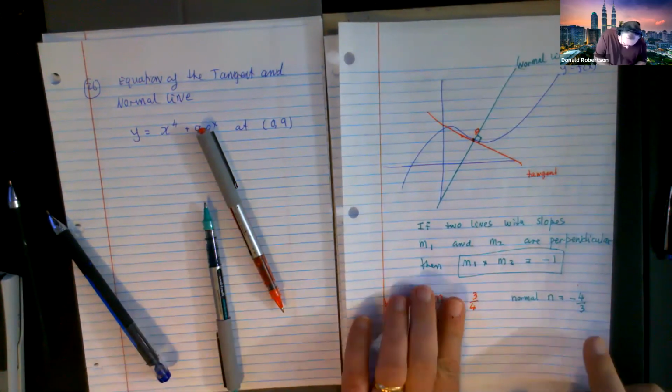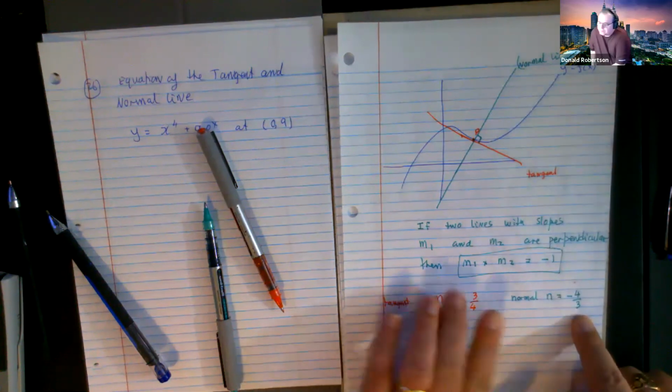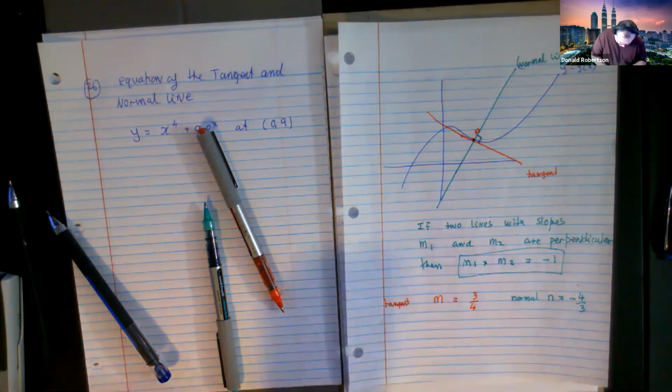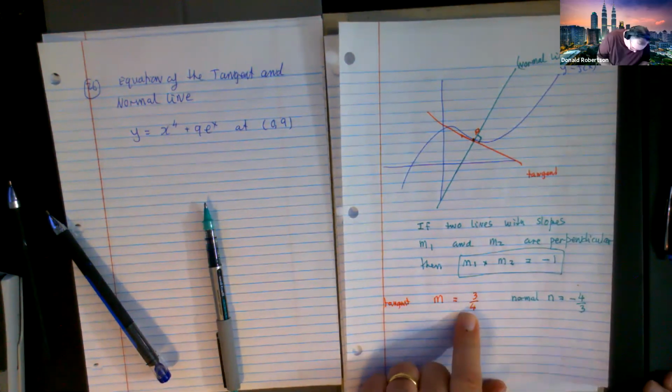Why? Because if you multiply 3/4 with -4/3, don't you get -1? Now, the way I remember it is it's its negative reciprocal. Reciprocal. Turn me upside down and make me negative.